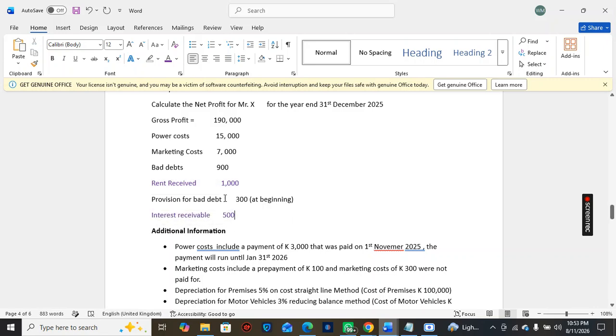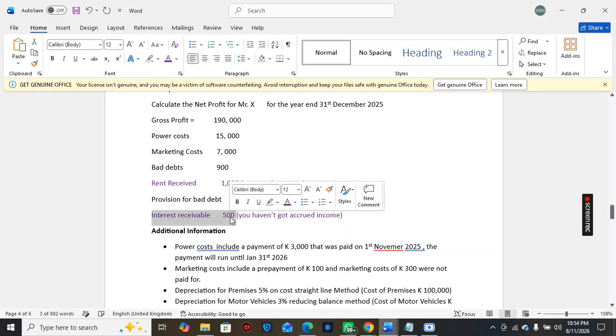The difference between these two is this. Rent received, you got the money. Interest receivable, you haven't got the money. This is accrued income. So this interest receivable means you did the job for somebody, or maybe you lent the money and there's some interest that they need to pay, which is coming to you.